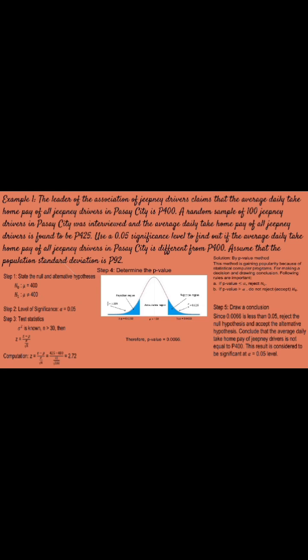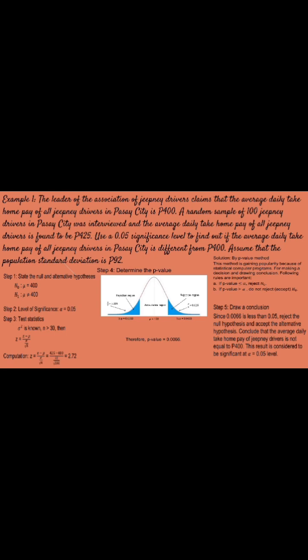Then, for step 5, draw a conclusion. If the p-value is less than or equal to the significance level or the alpha, reject the null hypothesis. If the p-value is greater than the alpha, do not reject the null hypothesis.